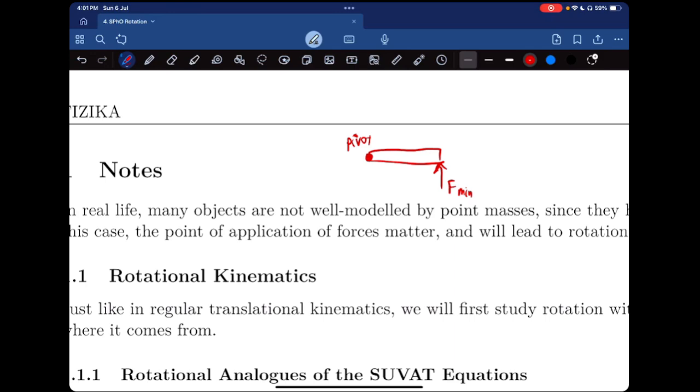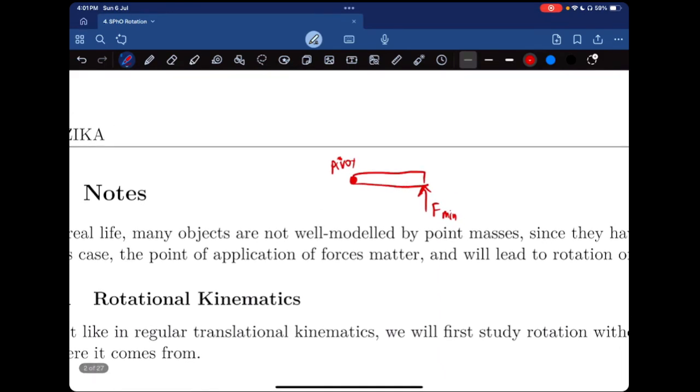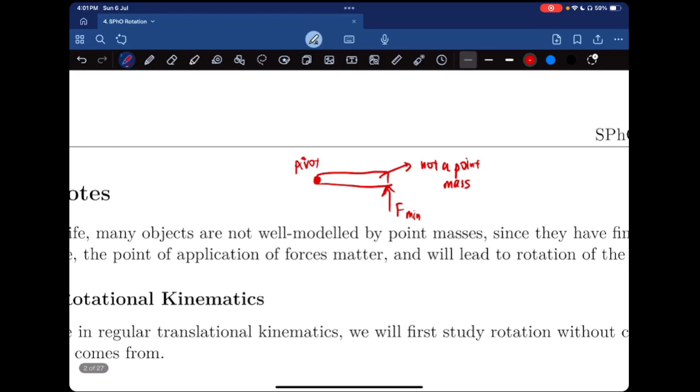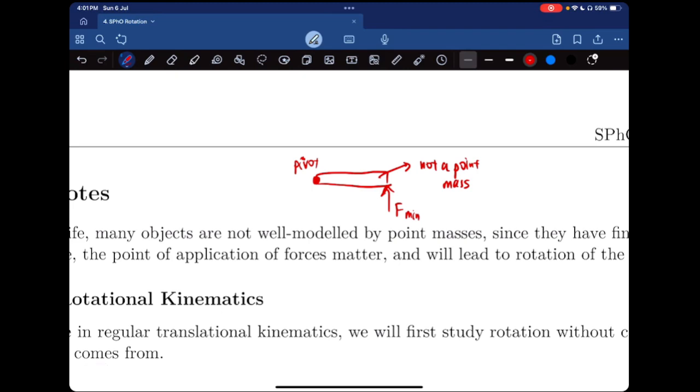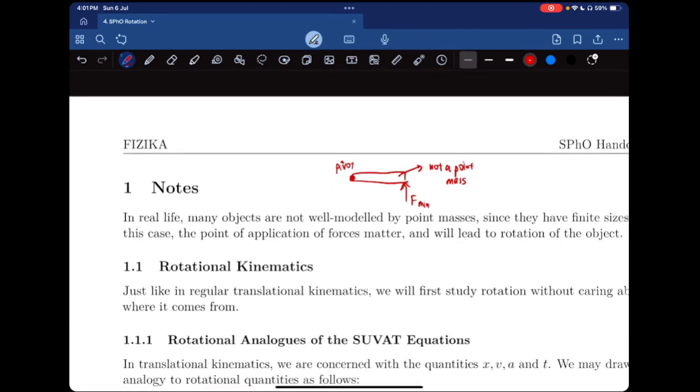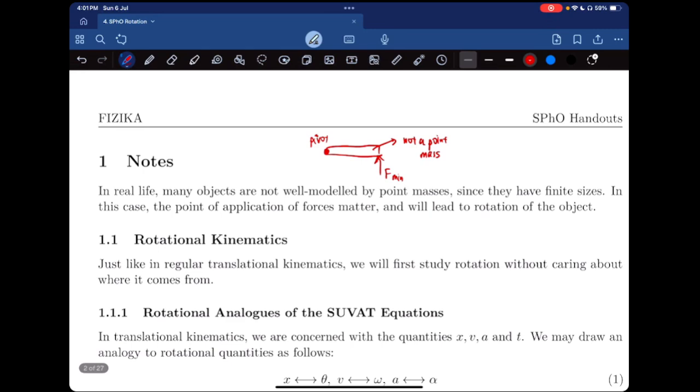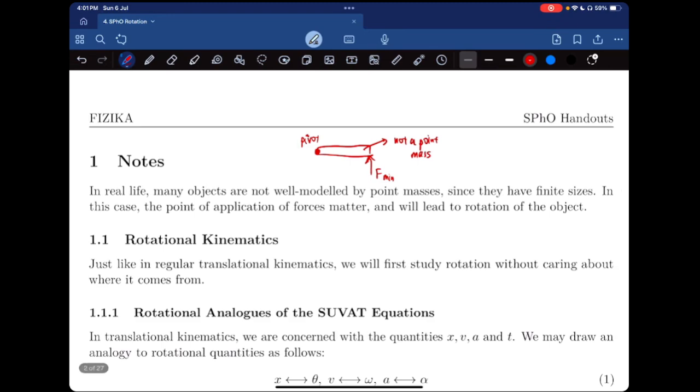And of course, this is important because your door is not a point mass. So it has some length and clearly it is not of negligible size. So that's what we're trying to do in this chapter, to analyze objects that are actually massive and have size instead of treating everything as a point mass like we did in the previous few chapters.